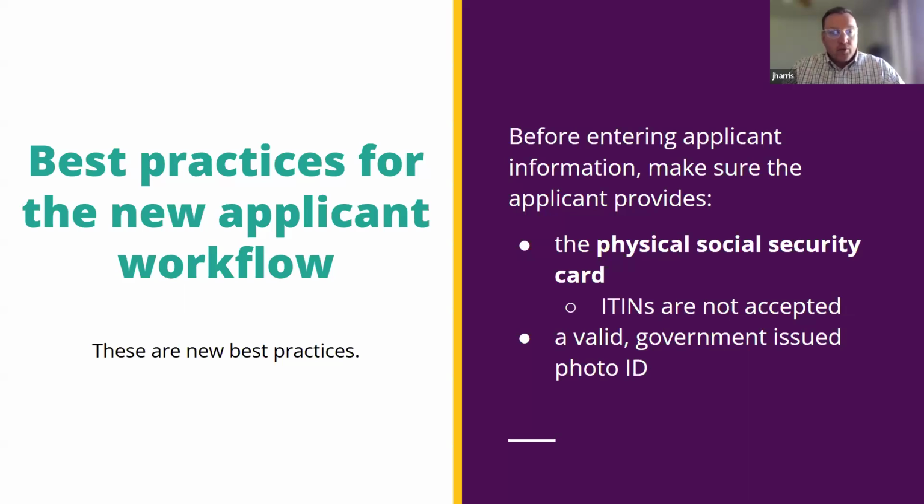It can only be a Social Security card. You have to physically verify the card and then enter the number that's indicated there. The other form of ID that's needed is a valid government issued photo ID. It can't be anything else, and we'll go over that a little bit shortly. Next slide, please.